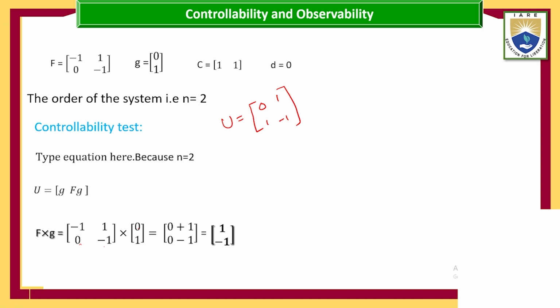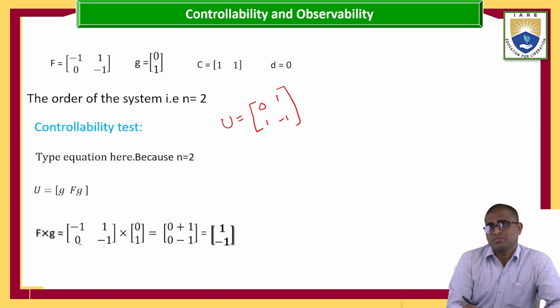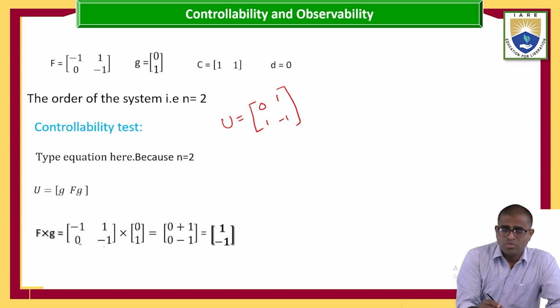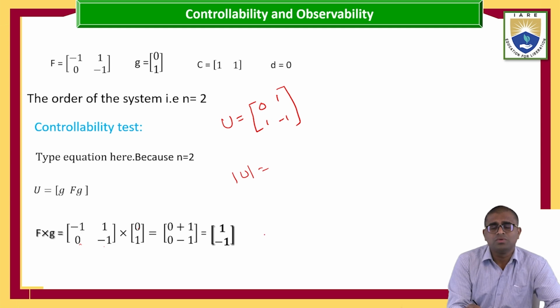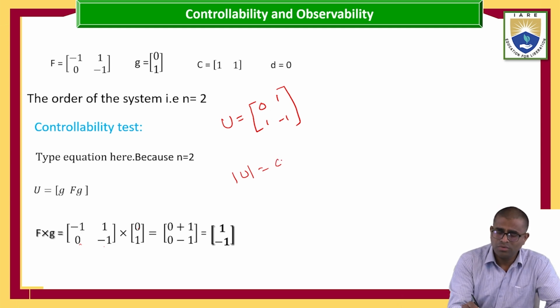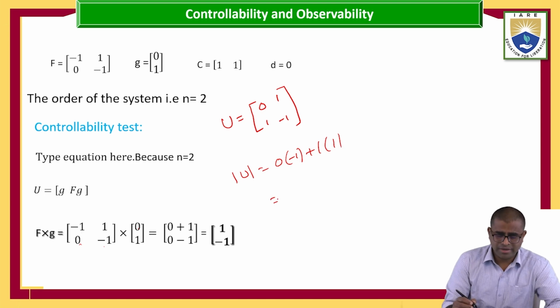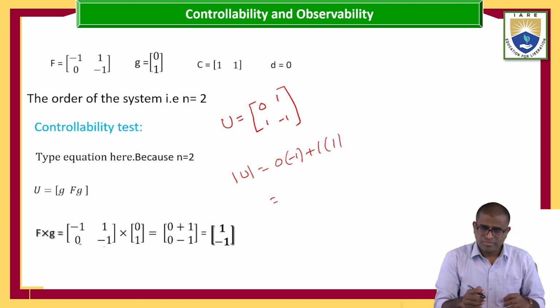In the controllability test, seeing that the order of the system is 2, first find the rank of the system, that is the determinant of U. Determinant of U is 0 into minus 1 plus 1 into 1, and this value comes as 1.